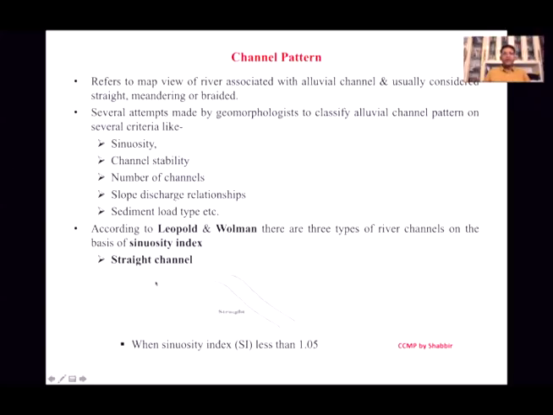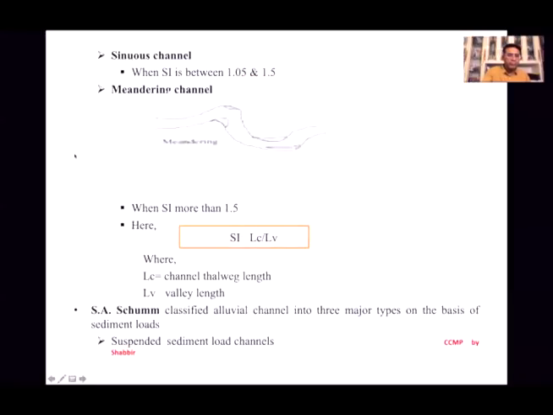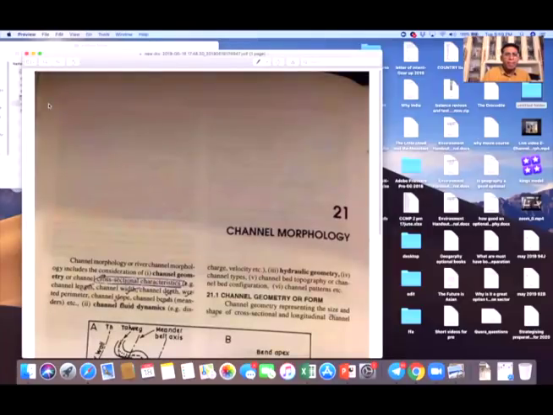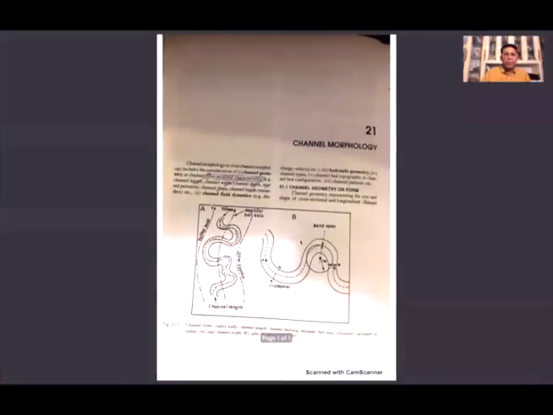Now, I would like you to see one of the diagrams. All of you, this diagram I've taken from page number 399, I believe.